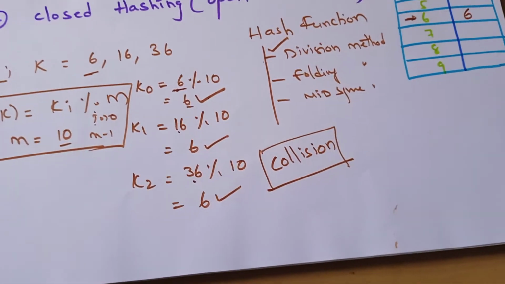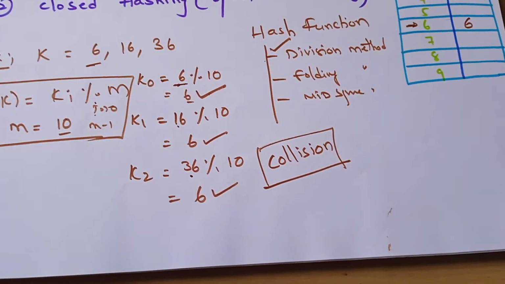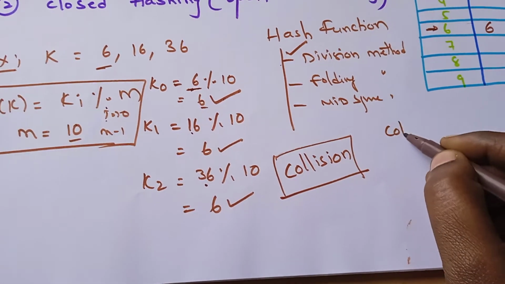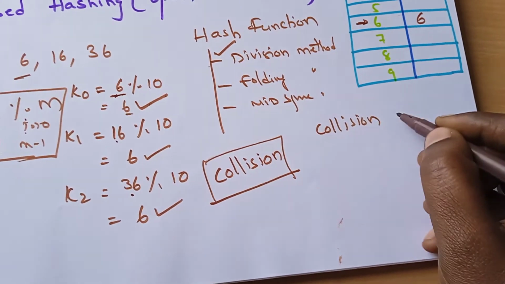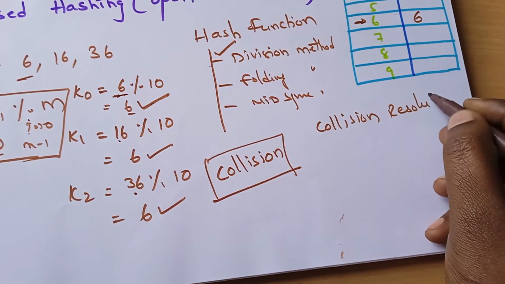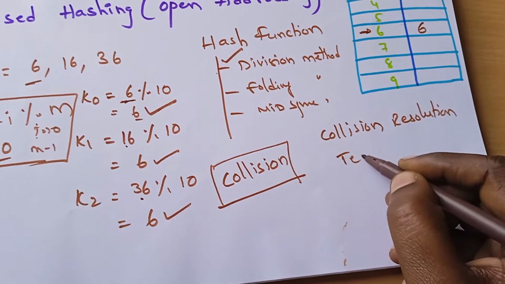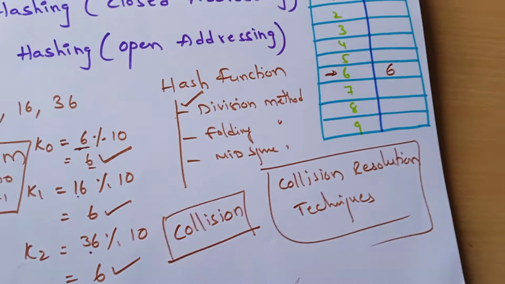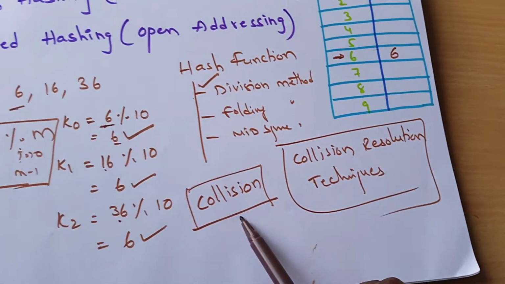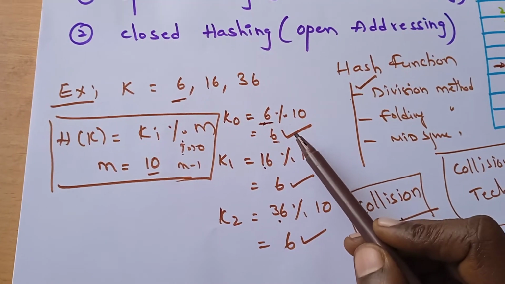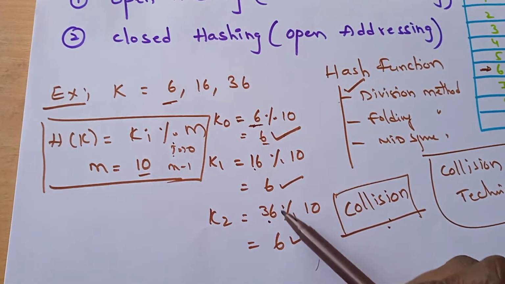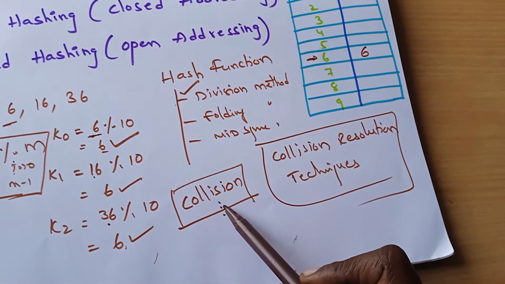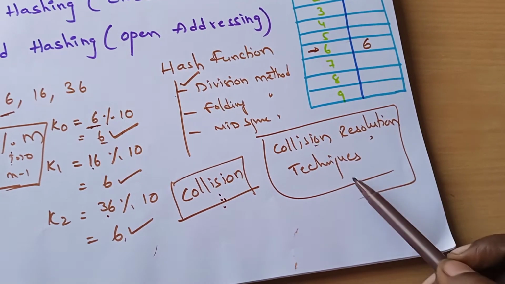Now what we have to do is resolve the collision. We should have some collision resolution techniques in order to overcome this problem. What is the problem? Collision. What is collision? One location is accessed by a couple of keys. This is the problem, and we should implement collision resolution techniques.